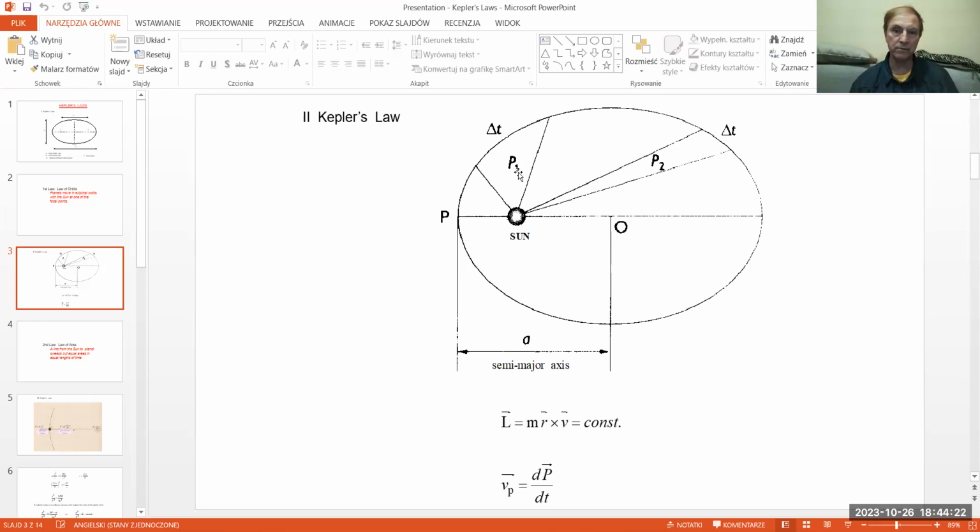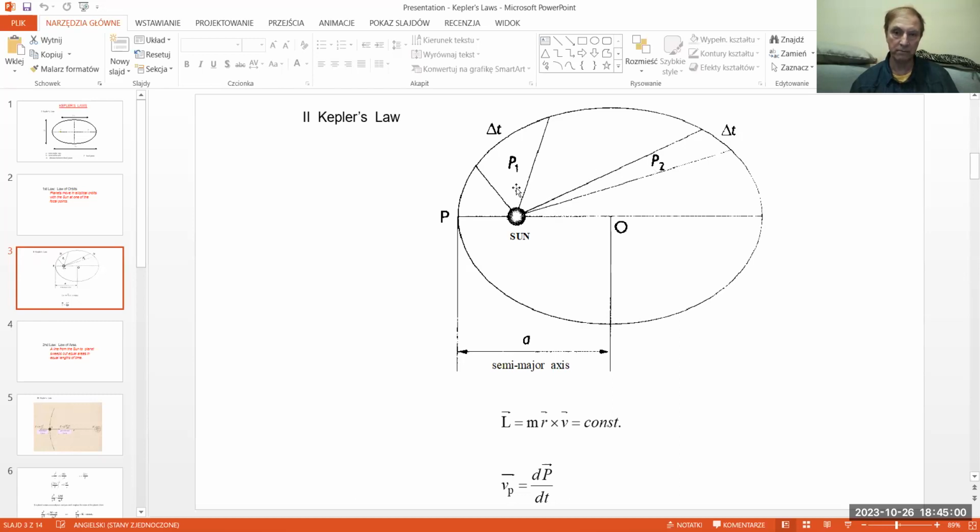It turns out that the two areas, P1 and P2, are the same, provided that the time of observation is the same, and in our case equals delta t. It may seem that the two areas have different shapes, which is true.